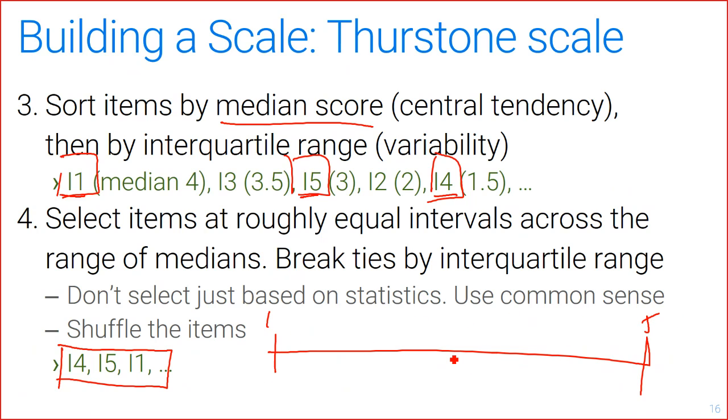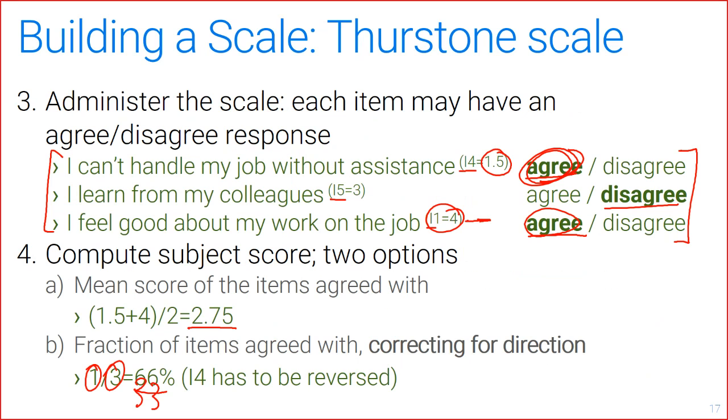If you want a final scale with 7 items, you choose somewhere around here, there, there, there, so you try to have 7, more or less equally spaced. That's why item 5 came up in the final scale, because it was judged as a 3 on average. This is again a little bit subjective. And hey, if it gives a 3, it's a 3. That's what people think it is.